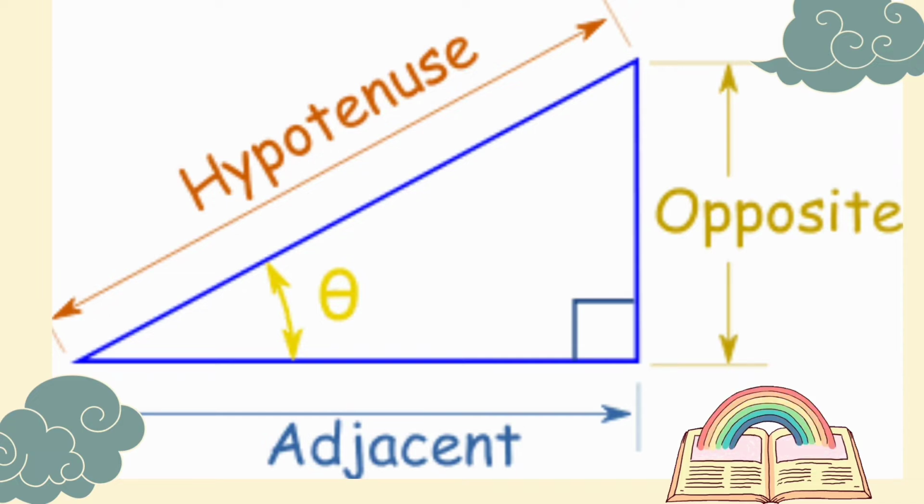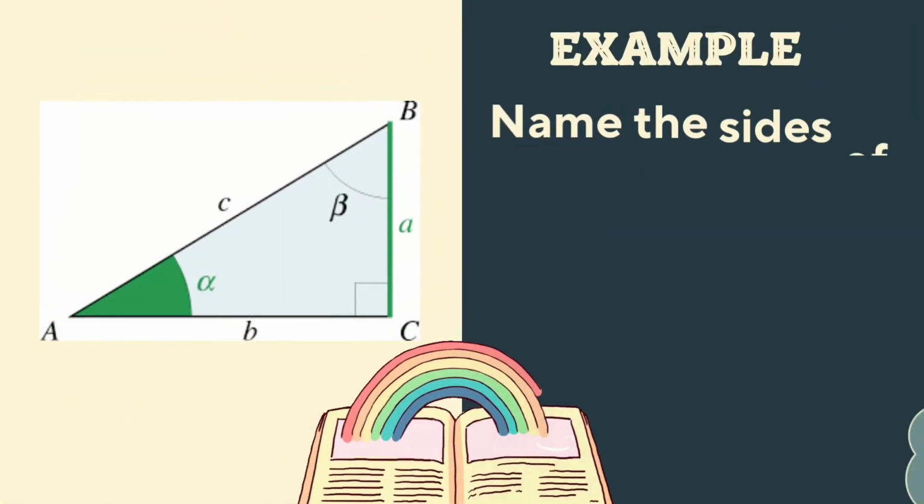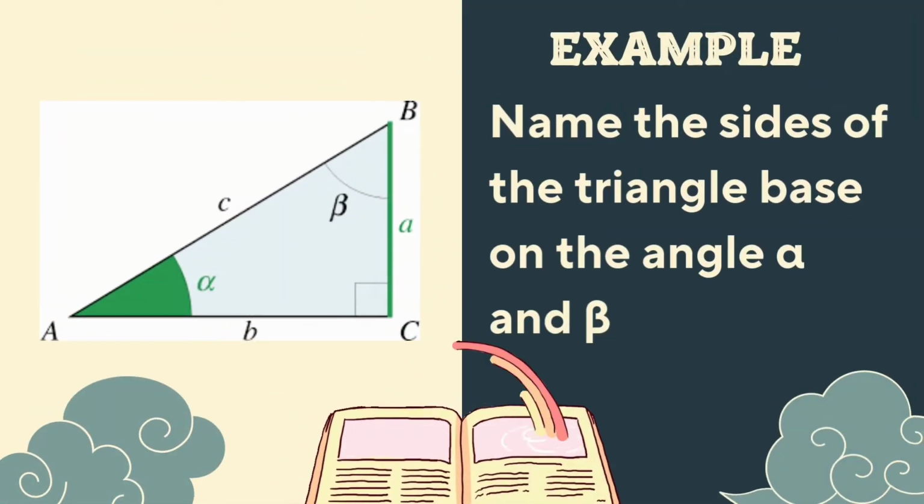So I'll repeat again for the purpose of emphasis that the side opposite the right angle is the hypotenuse, while the side that is opposite the given angle for any particular question is the opposite side, and the remaining side becomes the adjacent. So we are going to use this example to identify the sides of a right-angled triangle.